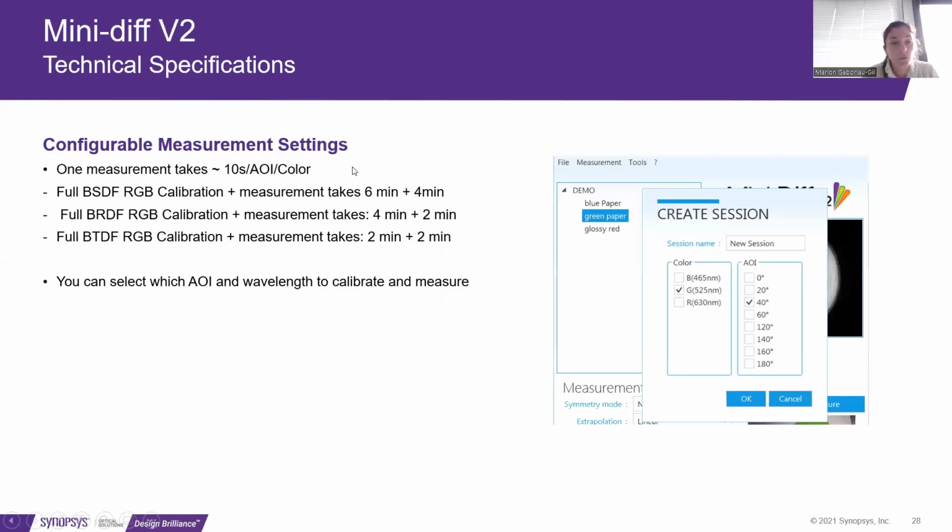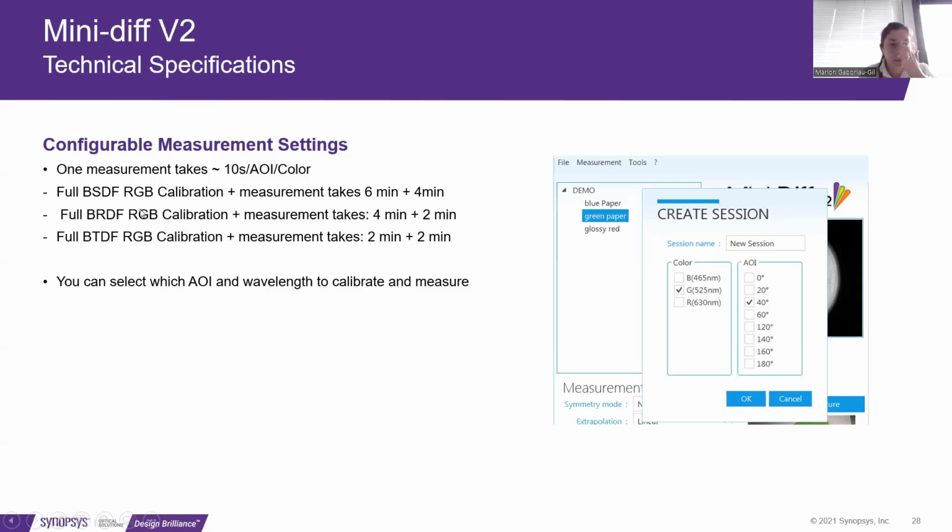Regarding the time of measurement, you have to know that one measurement takes around 10 seconds for one angle of incidence and one color. So for a full BSDF RGB calibration plus the measurement, it will take you around 6 minutes plus 4 minutes.